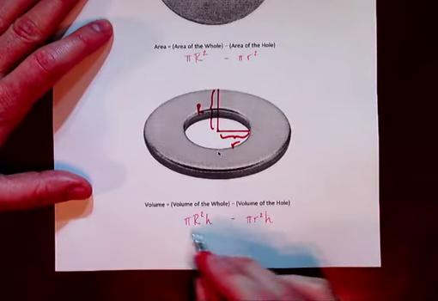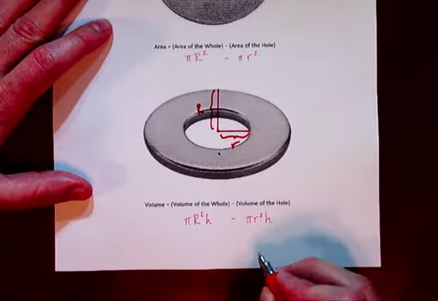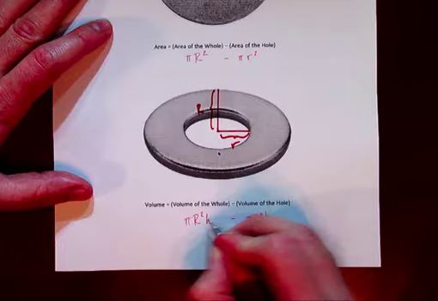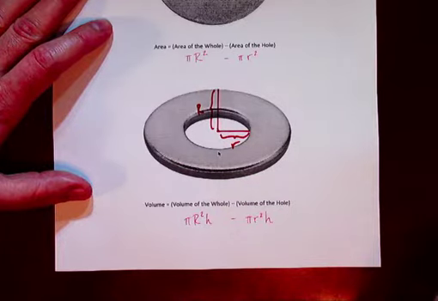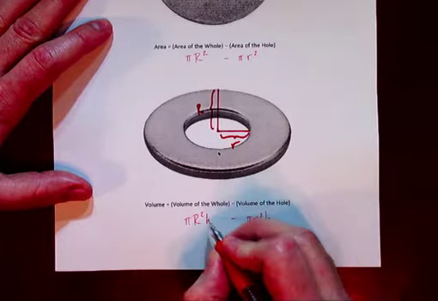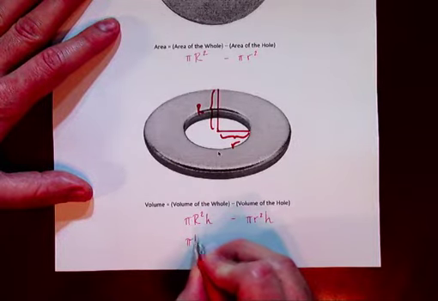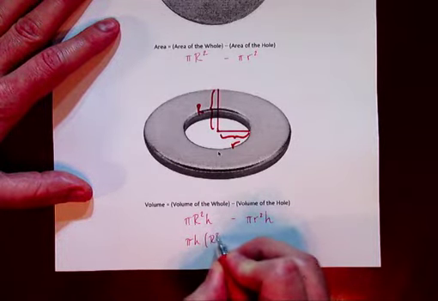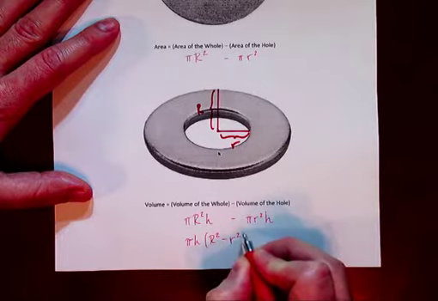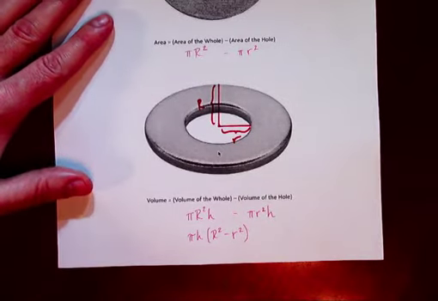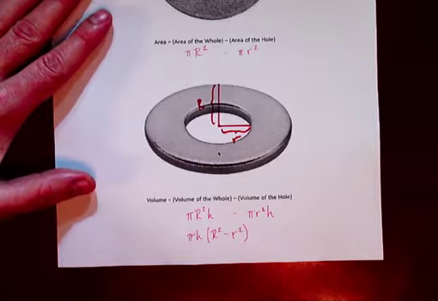Now, the great thing about this is that they both include pi and h. Of course, my h winds up being my differential, so it's really dx. And so basically I can pull out pi and the h and get big R squared minus small r squared. And that's what's going to happen here.